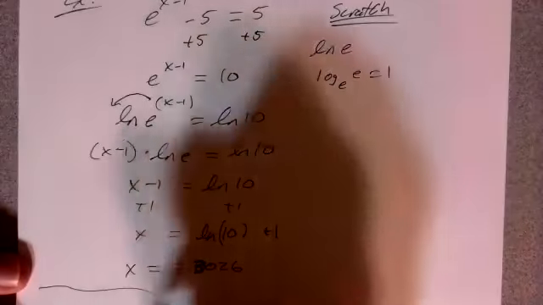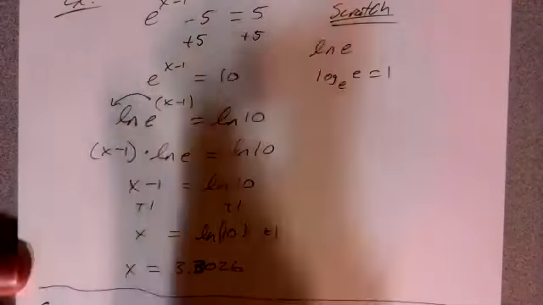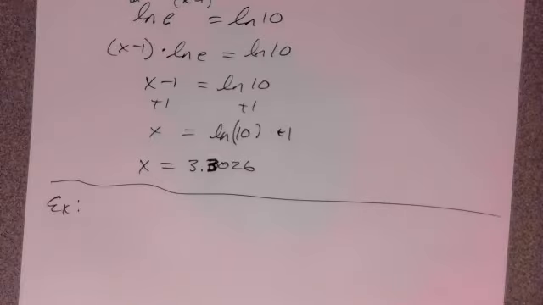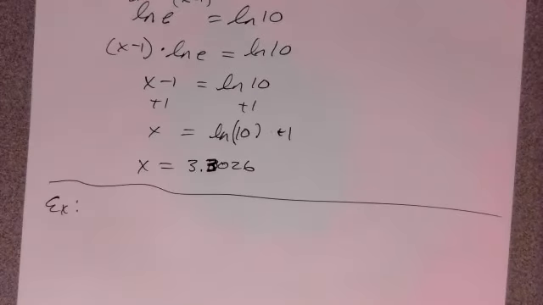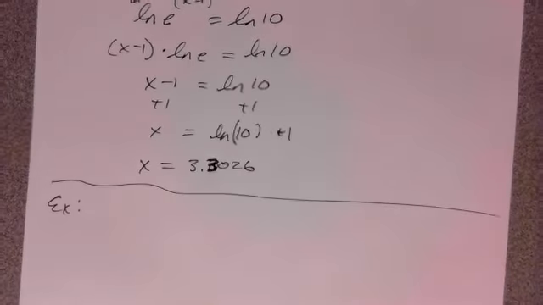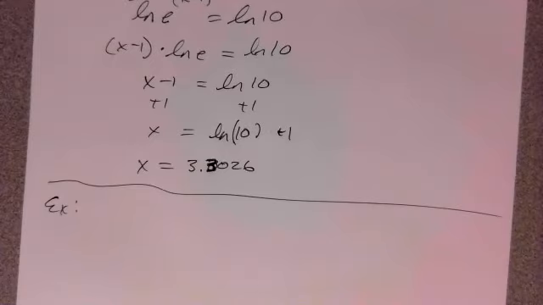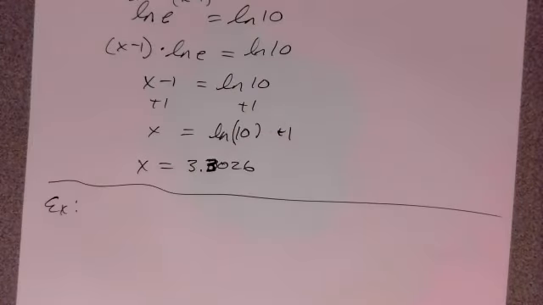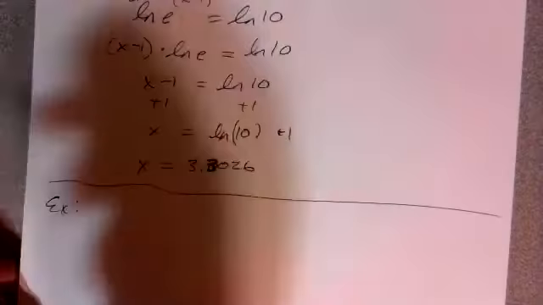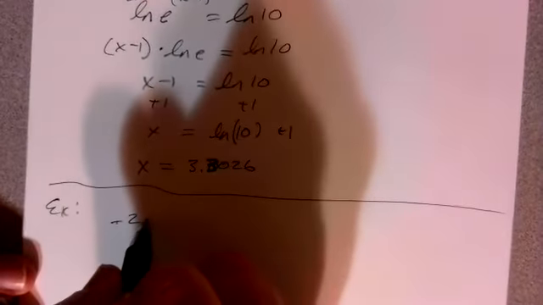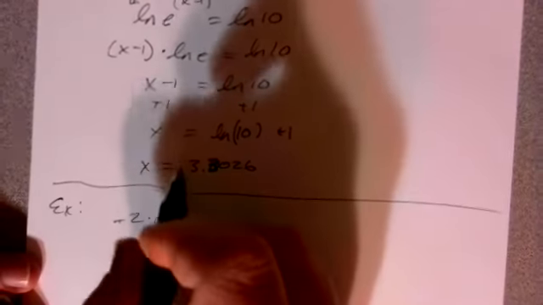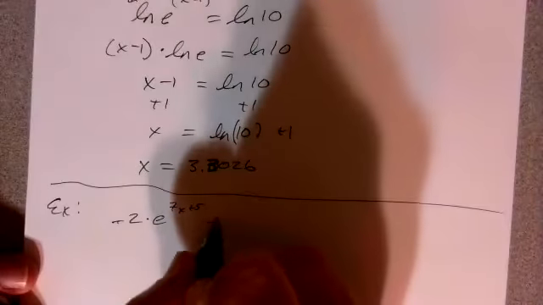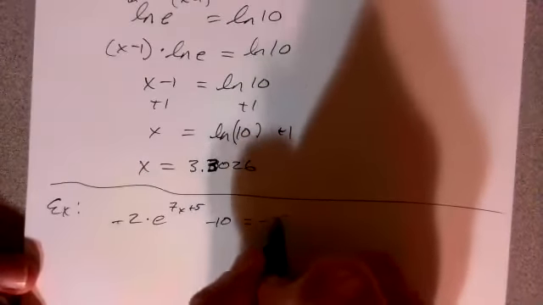Now, next example. Let's do one more, which I think is really an interesting one here. Let's do one more that looks a little bit difficult: negative 2 times e raised to the 7x plus 5, minus 10, equals negative 17.